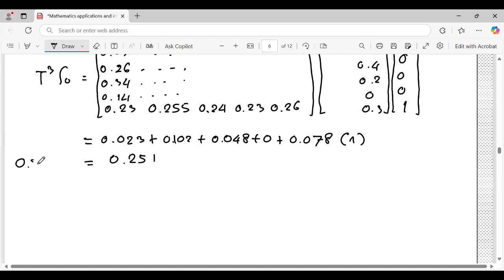So if 0.3 times T cube as the state matrix, it means times 0.3. And the result is 0.0753.